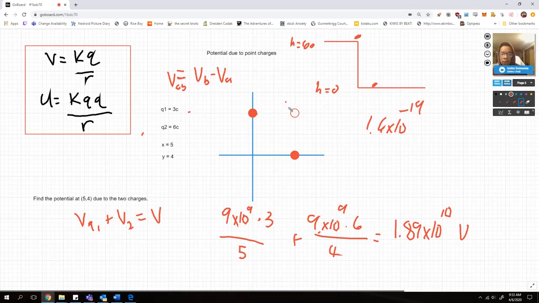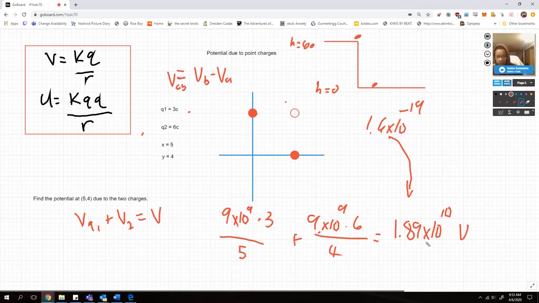And then taking it all the way to this point, I would just take the voltage at this point, multiply it by the charge, and I'll get my change in potential energy, which is also my work. So I'm going to just multiply this number by 1.6 times 10 to the negative 19, so 1.89 times 10 to the 10th times 1.6 times 10 to the negative 19.